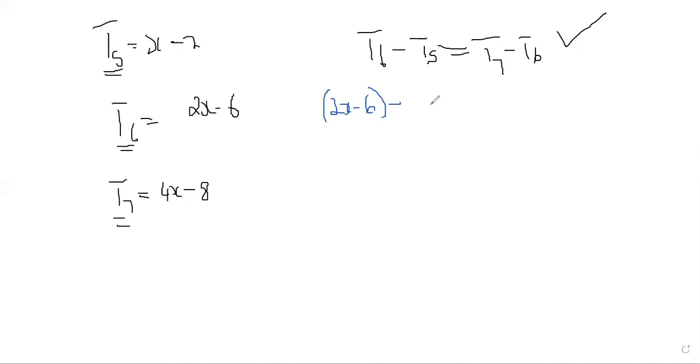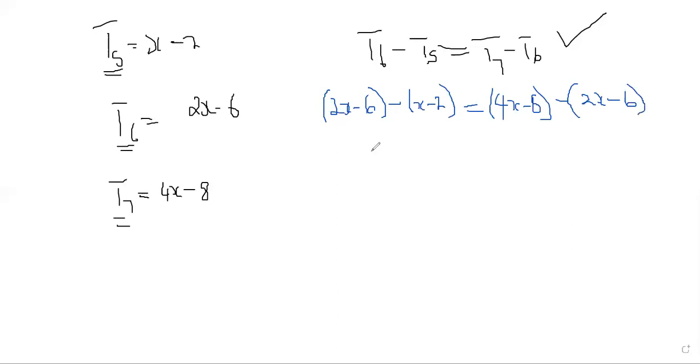So term 5 is x minus 2. It's always good to put your things in brackets so that you don't make mistakes, right? And then term 7 is 4x minus 8, put it in brackets, minus term 6, sorry, is 2x minus 6, right? And then from there, you work it out.